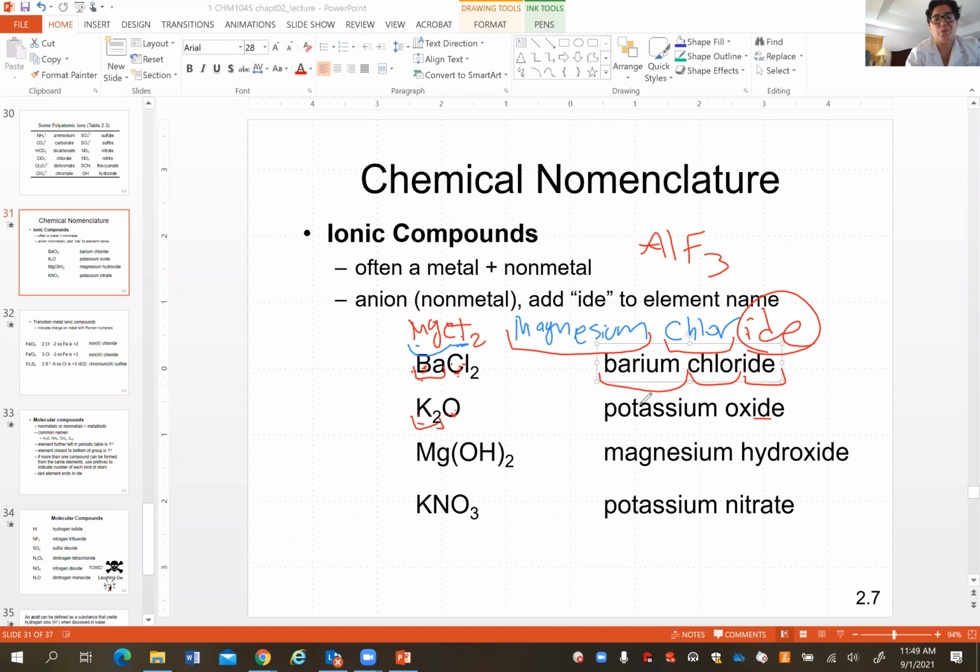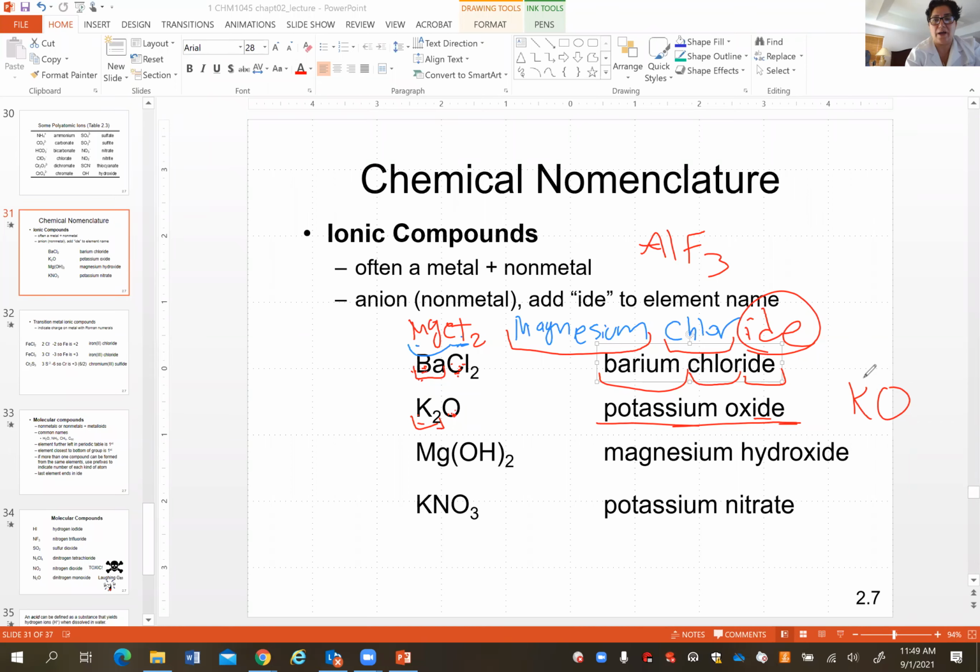Do I have to worry that I have 2 potassium and only 1 oxygen when I'm naming an ionic compound? No, because it's understood for someone who's studying chemistry that a compound must be neutral. If I say potassium oxide, my students would laugh at me because they'd say this is not a compound.